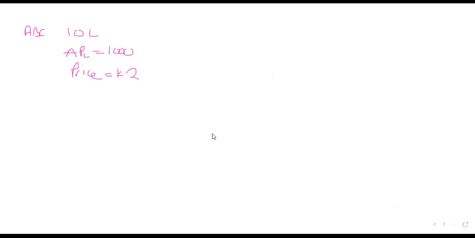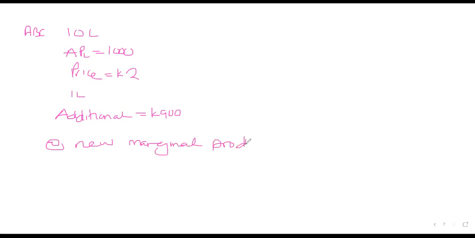And we're also told that we want to employ 1 new laborer. Now, when this new laborer comes in, he's bringing additional units of 900 units. Part A, find the new marginal product after we employ this person.